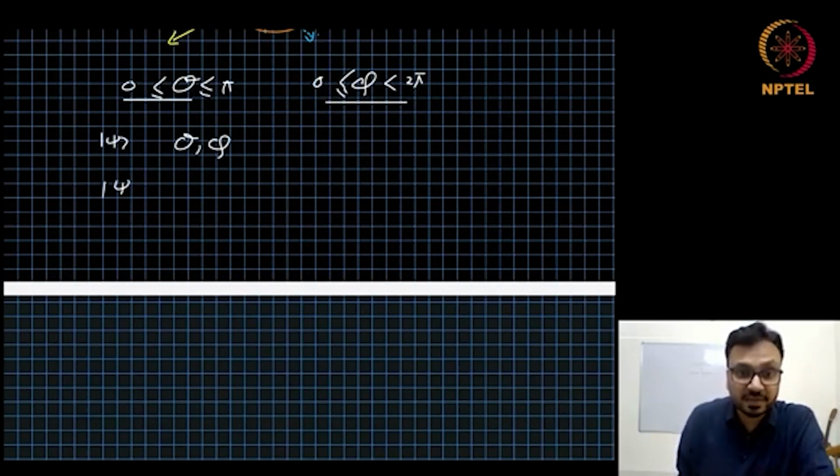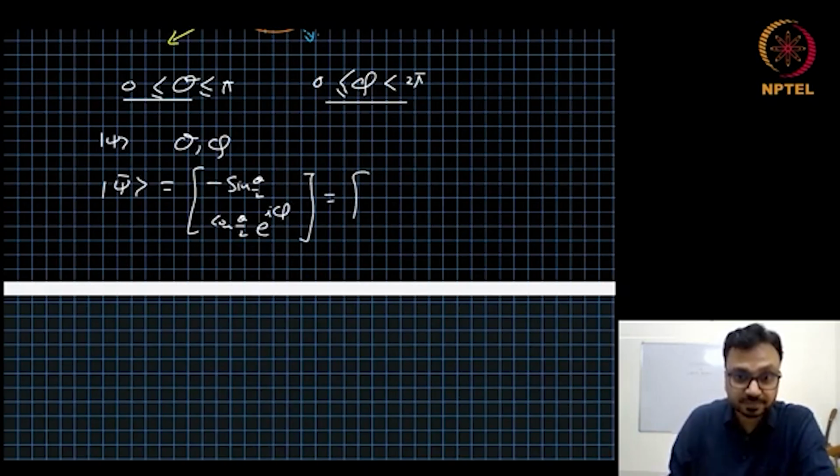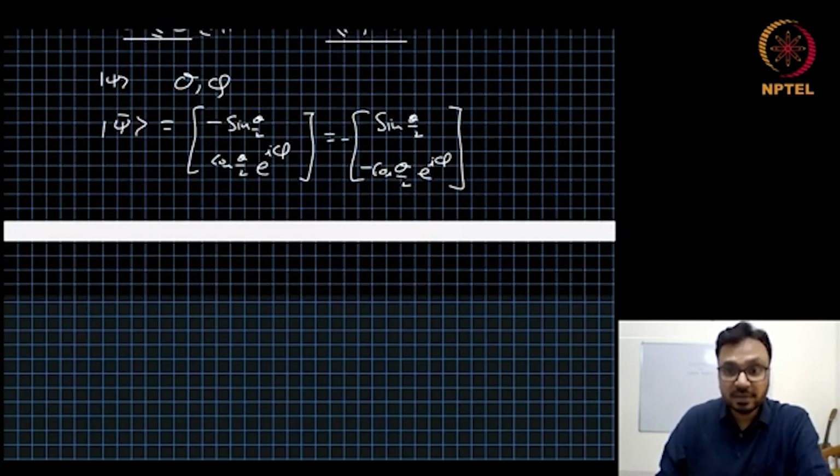Now, what about the psi orthogonal state? If psi is written in the cos theta over 2, sin theta over 2 form, psi orthogonal will be minus sin theta over 2, cos theta over 2 exponential of i phi, or we can write it as sin of theta over 2, we take minus 1 common and we don't care about the overall phase, minus cos of theta over 2 exponential of i phi, which will have its own theta and phi.